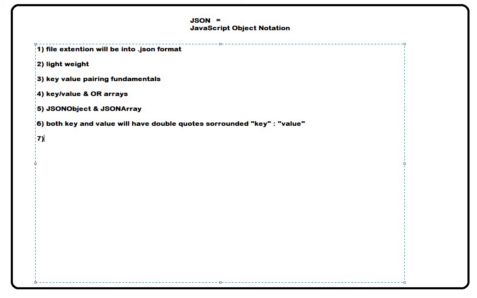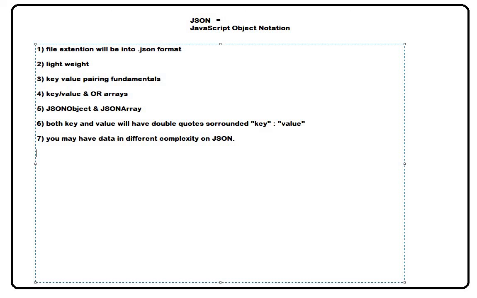The next point is that you may have the data in different formats, with different complexity. When I say complexity, that means you may not only have a key and a value, you may also have an array. Inside the array you may also have another JSON object.